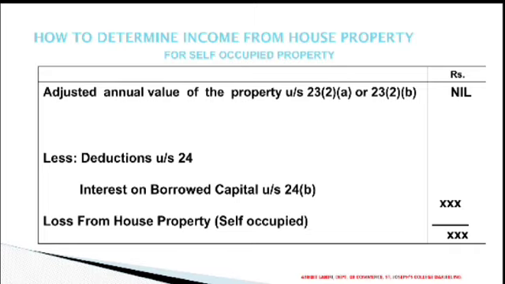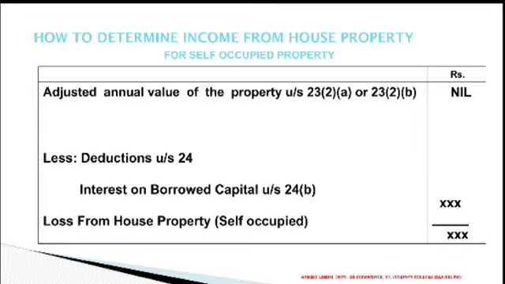Next, we have the self-occupied property. Self-occupied means your own residence. If you have your own residence, you have to pay the tax, but you don't pay rent to your own residence. That's why the adjusted annual value or net value should be nil. There is no rent you have to pay, so there is no comparison.